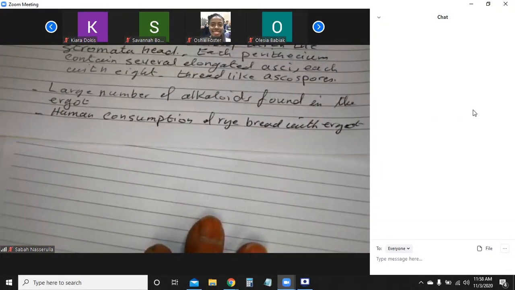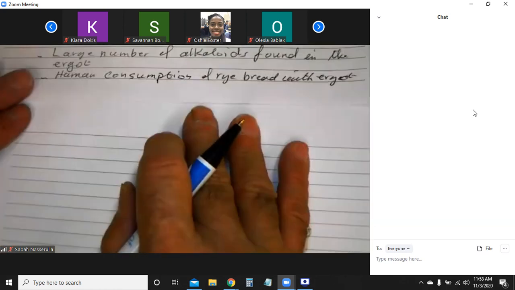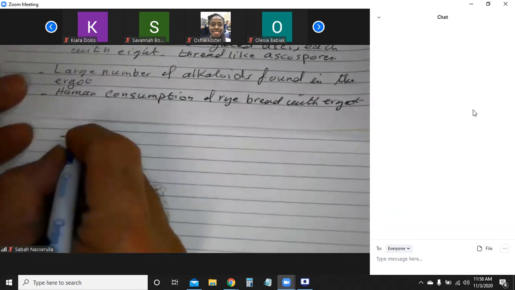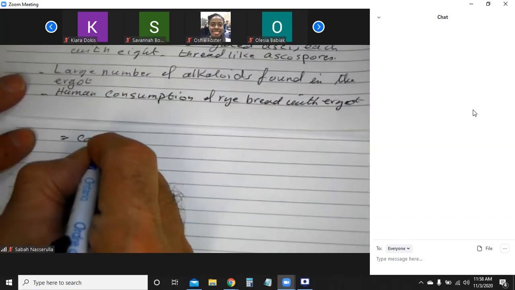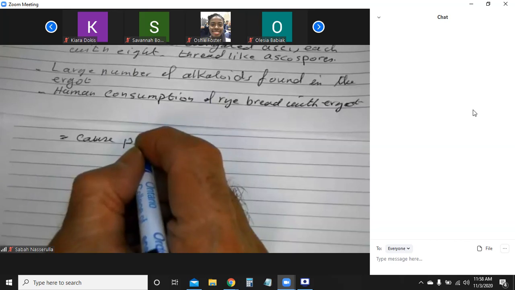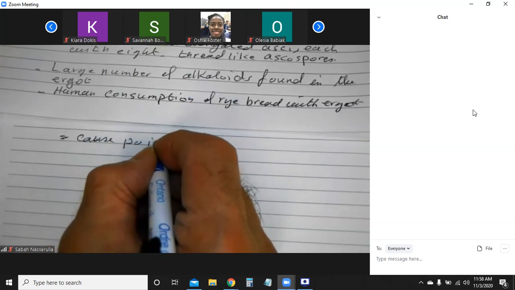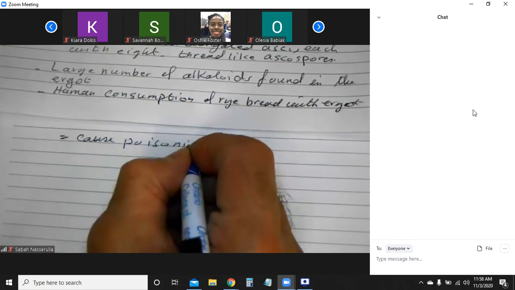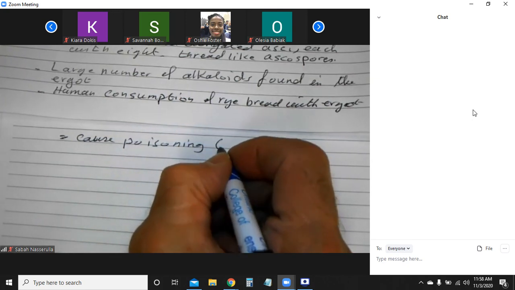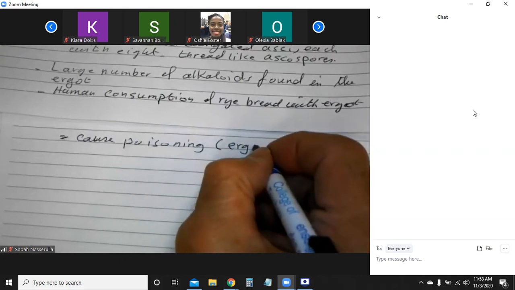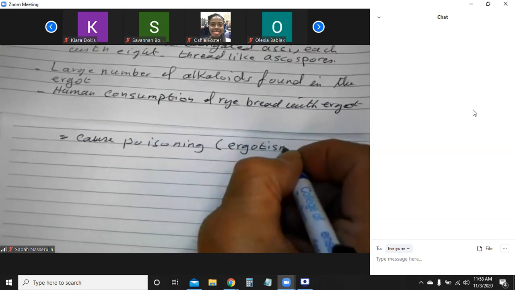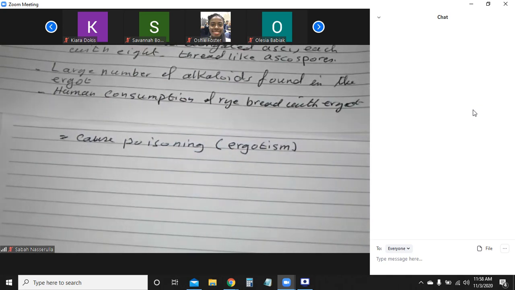With the ergot, as I mentioned, basically, it can cause poisoning, and we call this poisoning ergotism, or sometimes what is commonly known as Saint Anthony's fire. Of course, at the time they used to think other things here, but basically it makes you feel inside like it's burning.